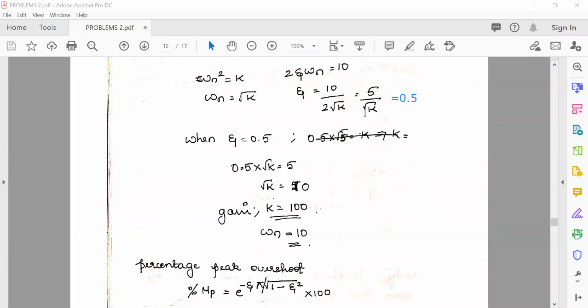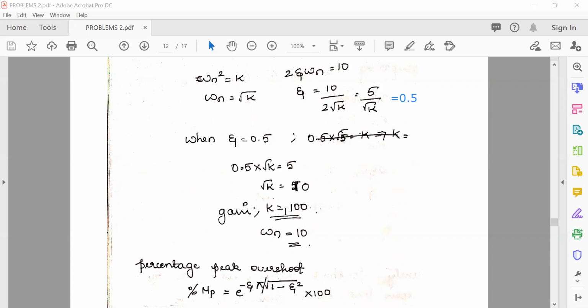So in that case, what is k? Root k will be 10 divided by 2 into 0.5, which is 10. So k will be equal to 100. When k is 100, then omega n is equal to 10.